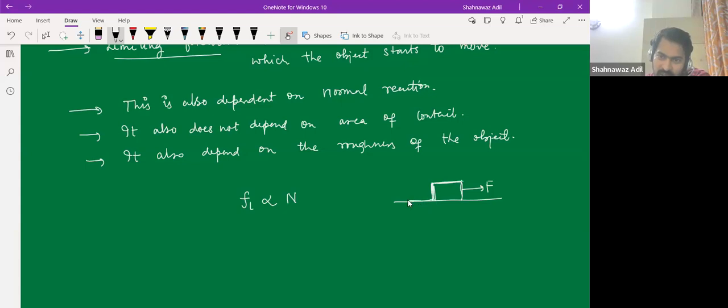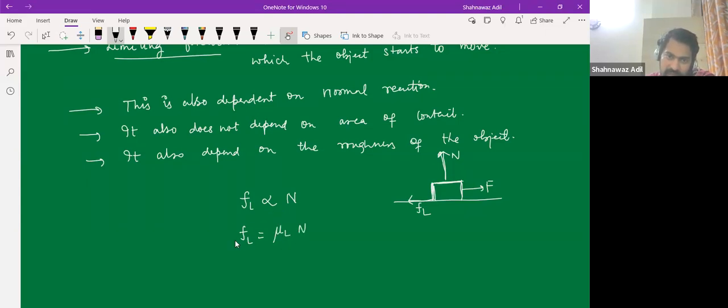So it is called the limiting friction, right? And the normal reaction that this object experiences is that, okay. So this is equal to what? If you remove the proportionality constant, then you will get mu L.